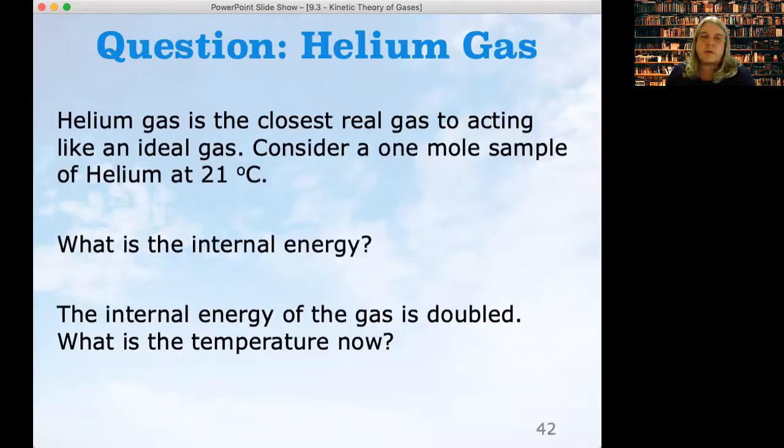We're just taking 1 mole as our number of molecules, and we've got 21 degrees Celsius this time. And the question is asking us, what is the internal energy of that sample of gas? Then the next part of the question is that if the internal energy doubles, what is the temperature now? So two steps to this question. But the first one should be fairly obvious and fairly straightforward.